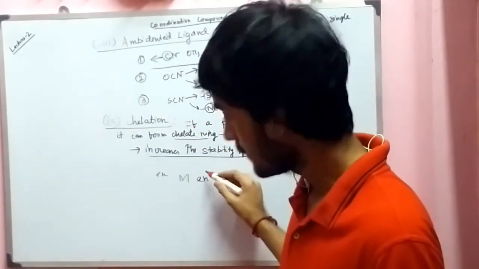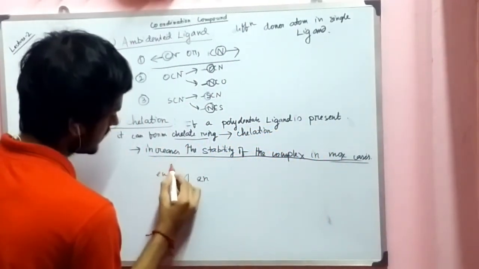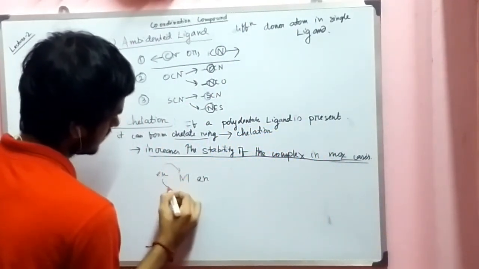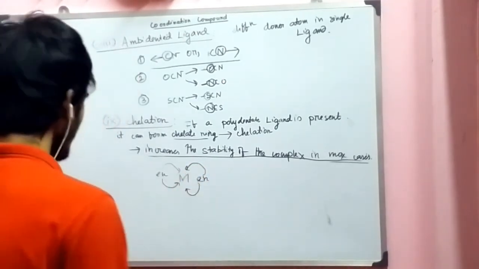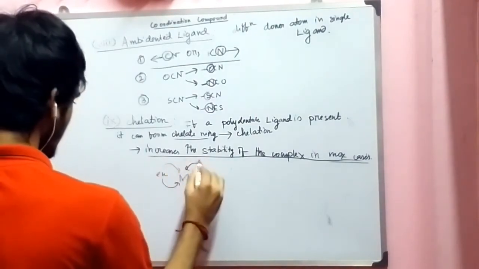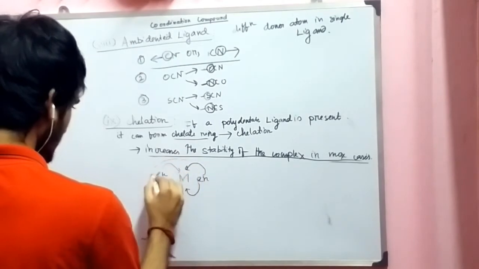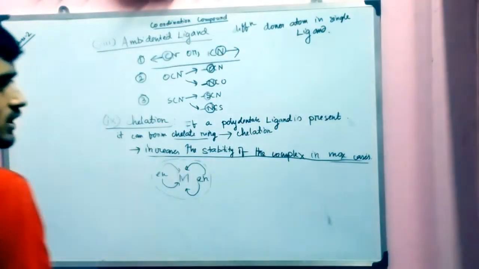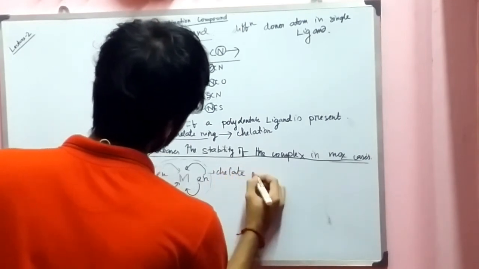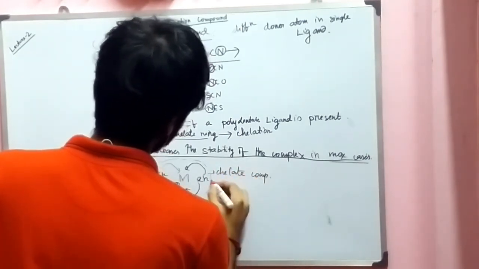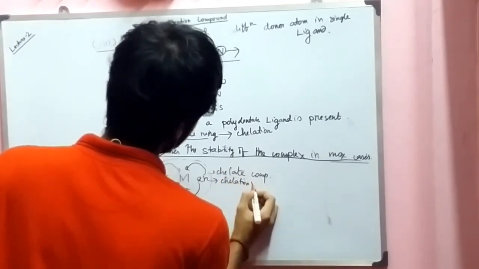So En, first bond 1, 2. So you are seeing this ring-like structure, just like organic chemistry. This is a chelate compound, and this phenomenon is known as chelation. Chelation is taking place here.